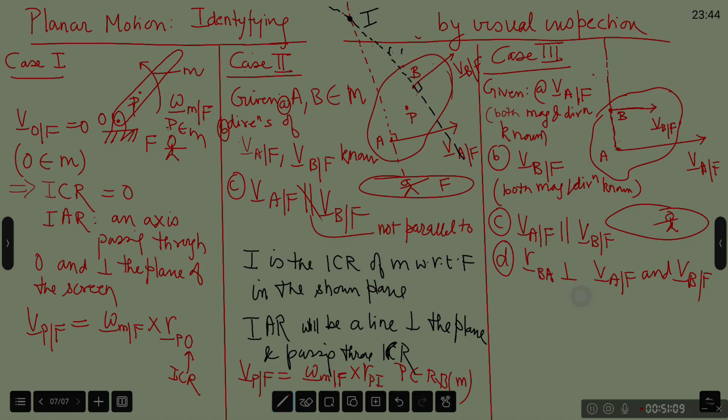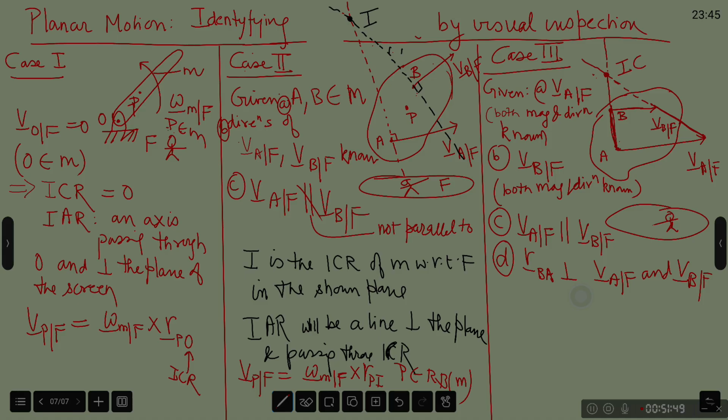And then you connect the head of VAF vector with the head of VBF vector and extend this line and let it intersect the line that I earlier drew perpendicular to or along the RBA vector itself. Right? This is a line along the RBA vector, and this line I am drawing connecting the heads of the two vectors, and if it intersects here, this is our ICR.